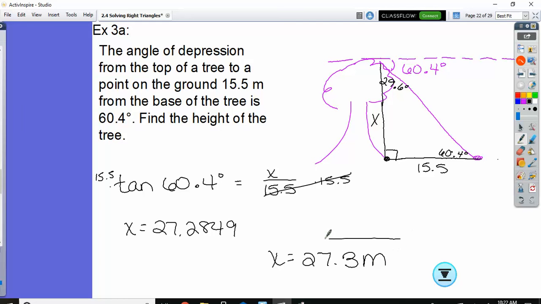Height was in meters. So that is the height of our tree. Any questions there?